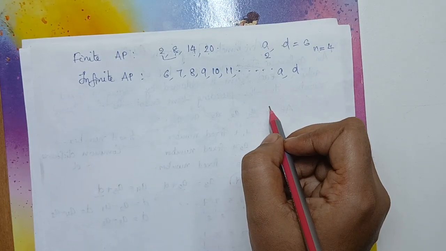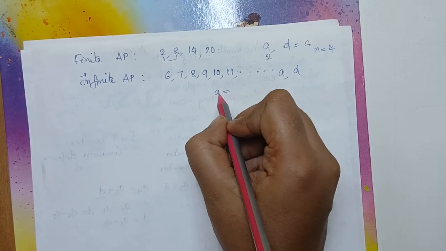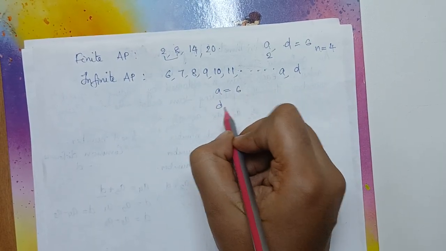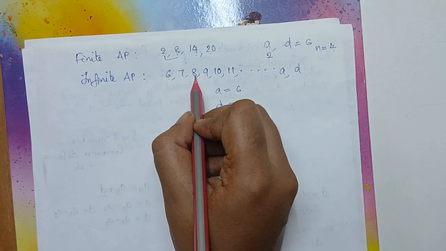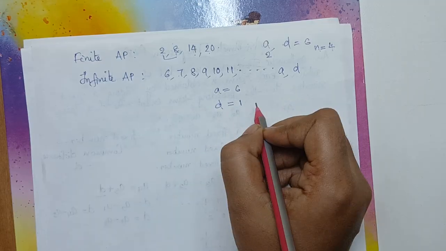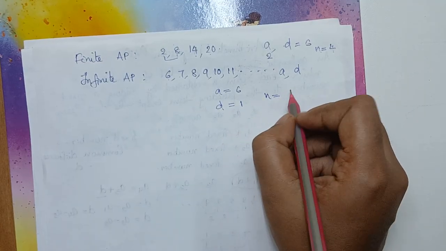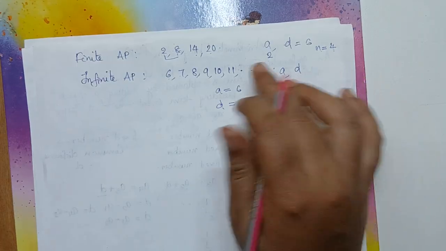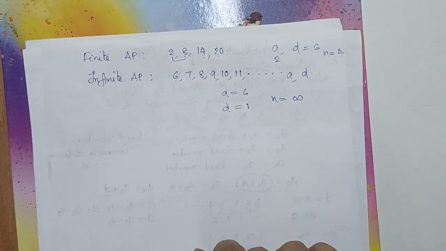Now for the second AP, A is equal to 6 and D is 7 minus 6, 1, 8 minus 7, 1, 9 minus 8, 1. So the common difference is 1 here. What is N? The number of terms is infinity, because the last term of this AP is not mentioned, so we cannot say how many terms are there in this AP.